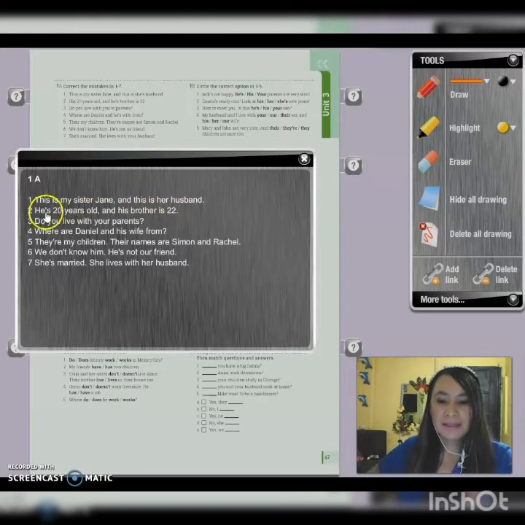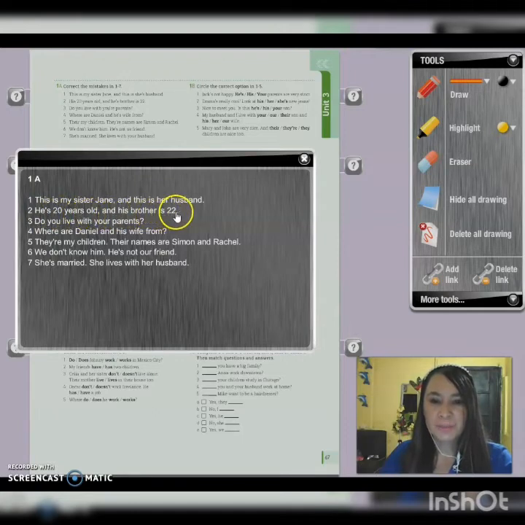Number 1, this is my sister Jane, and this is her husband. Her husband. 2, he's 20 years old, and his brother is 22. His, ¿verdad? Como ya utilizamos aquí el sujeto, ya no podemos utilizar nuevamente. Aquí en este caso sería un possessive adjective.